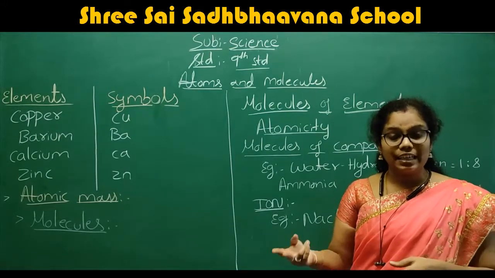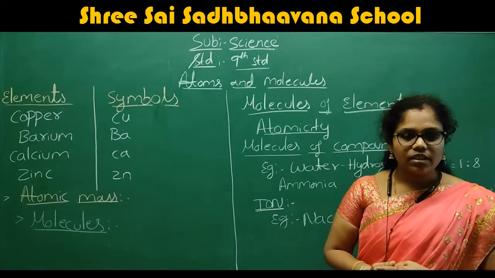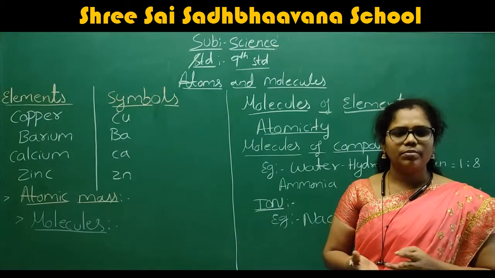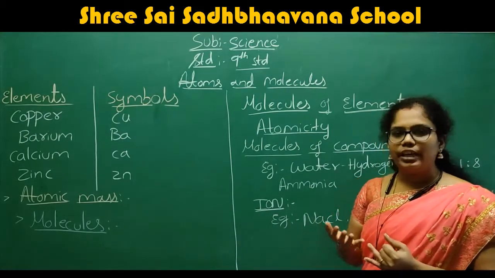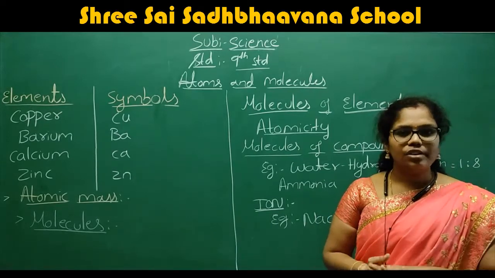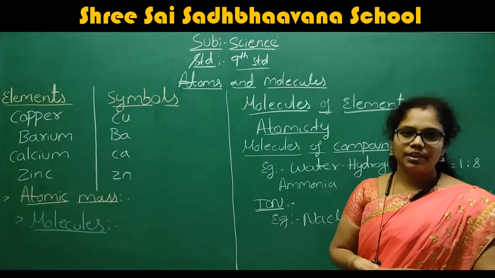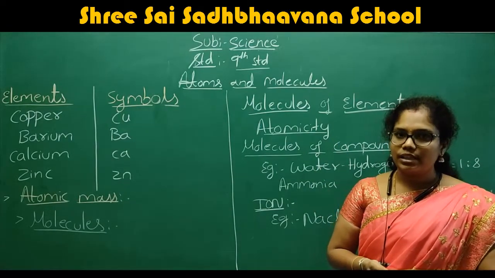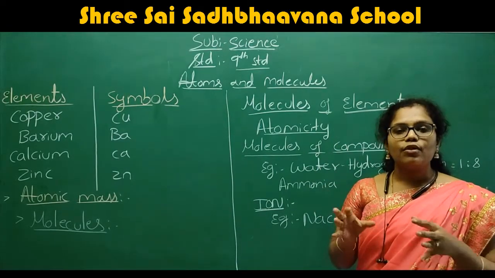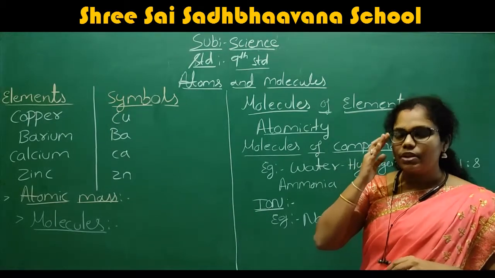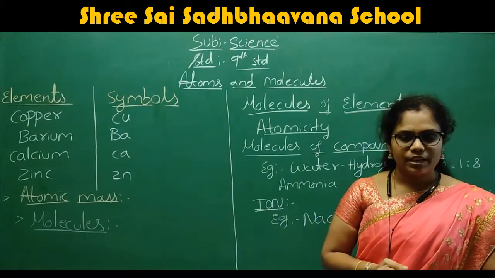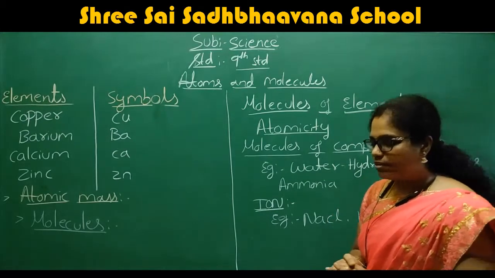Monoatomic, diatomic, triatomic, polyatomic. What is ma'am telling? Mono, di, tri, poly. We don't understand. Now we will study one by one. I said, what is atomicity? The number of atoms present in the elements we call atomicity. Take the example hydrogen.